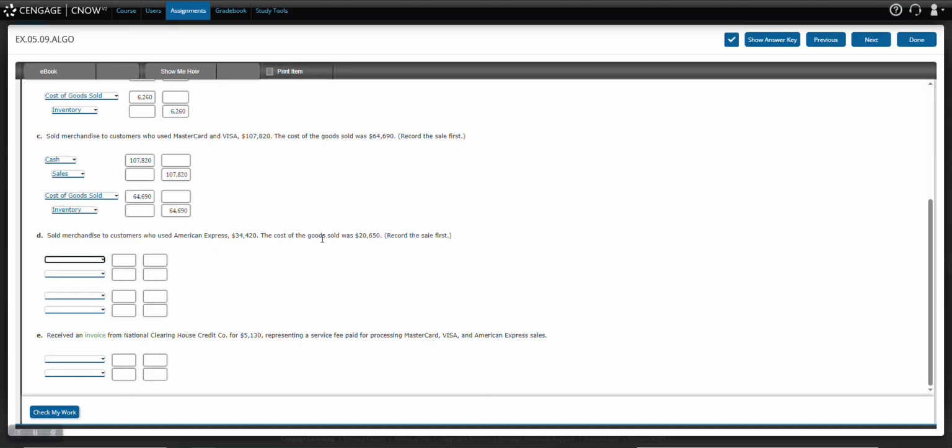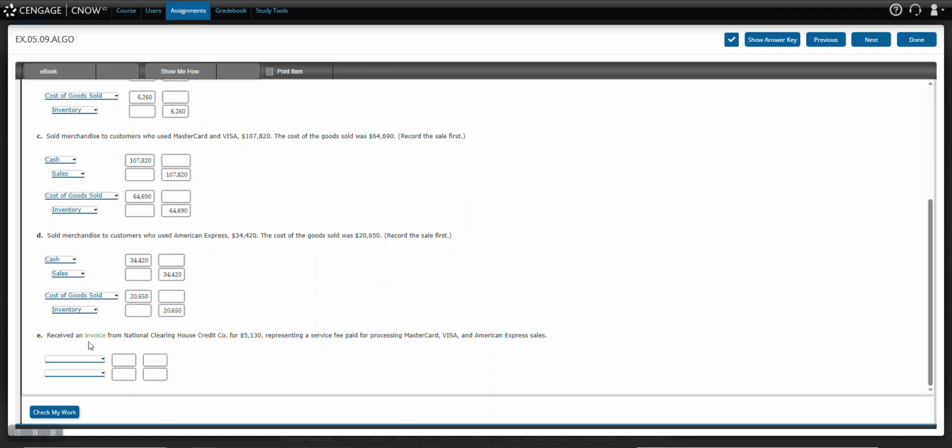D says we sold merchandise to customers who used American Express cards. So again, no matter what type of credit card they're using, it is still considered a cash sale to us. And we always have to have that second entry of our cost of goods sold, in this case of that $20,650.